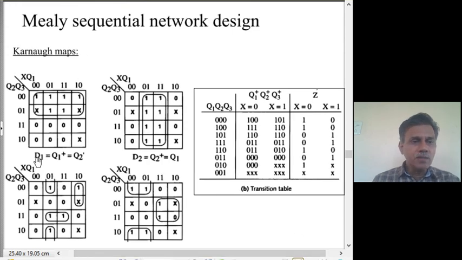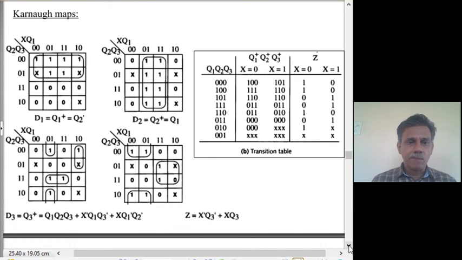So this is a K-map for Q1 plus, Q2 plus, Q3 plus and Z. Q1 plus is this bit as well as this bit. This is for x equal to 0, x equal to 1. What we have done is we have clubbed x and Q1 on this side, Q2, Q3 here. So you look at this one, x is 0, Q1, Q2, Q3 are all zeros.